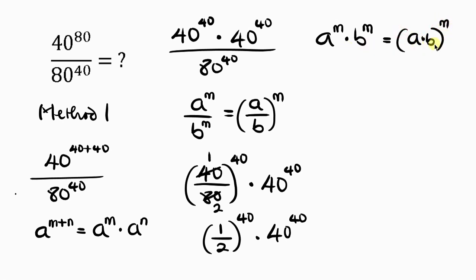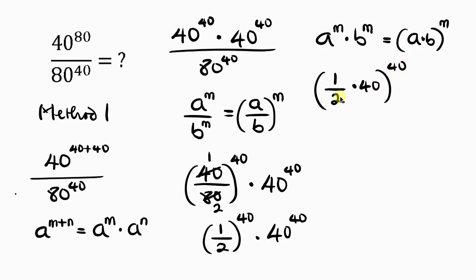So let's apply this law of indices to what we have here. You notice that they have a common power of 40. So I'm going to be taking the numbers 1 over 2 times 40, all raised to the common power of 40.